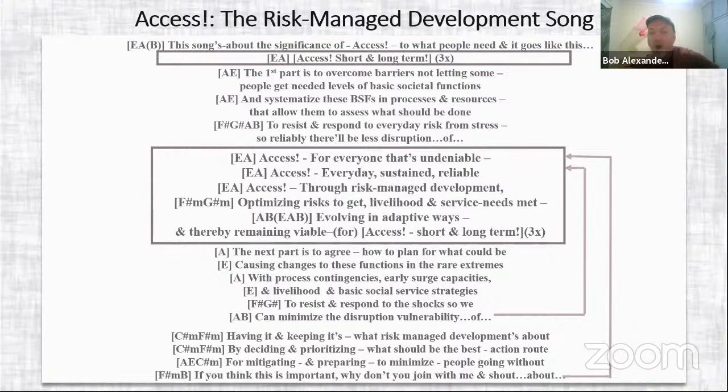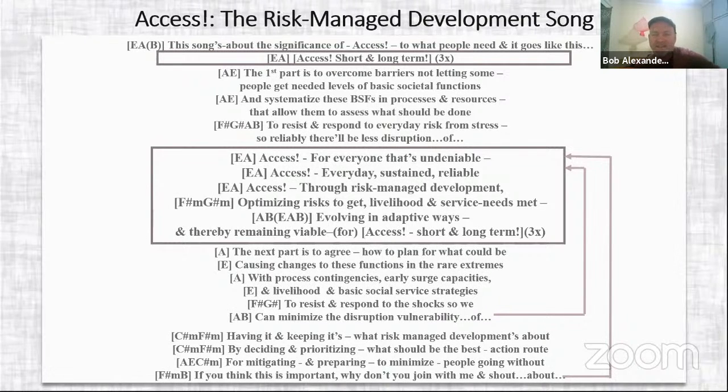Here we go. Short and long-term access. The next part is to agree how to plan for what could be causing changes to these functions in the rare extremes, with process contingencies, early surge capacities, and livelihood and basic social service strategies to resist and respond to the shock so we can minimize the disruption vulnerability of access.